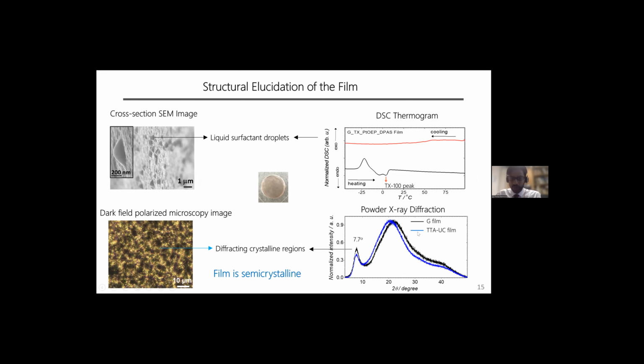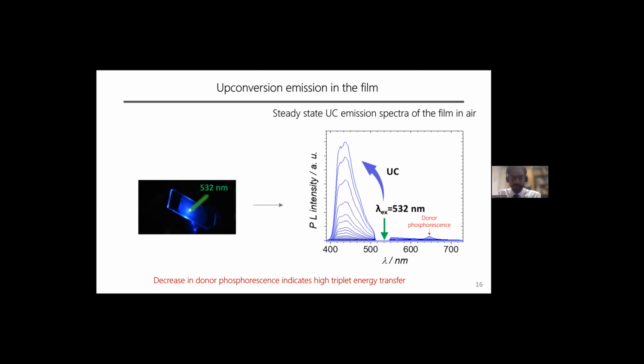We further confirmed it with powder X-ray diffraction. You can see this is the peak due to the crystalline nature of the gelatin, and this is the peak due to the amorphous region. So this film is actually a semi-crystalline film.